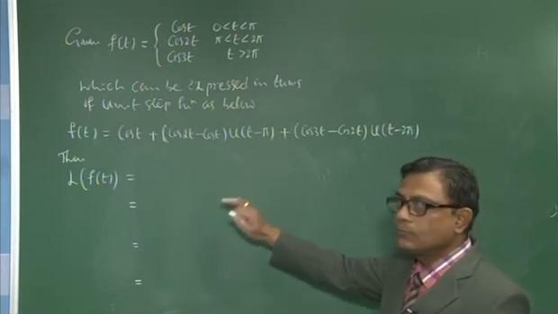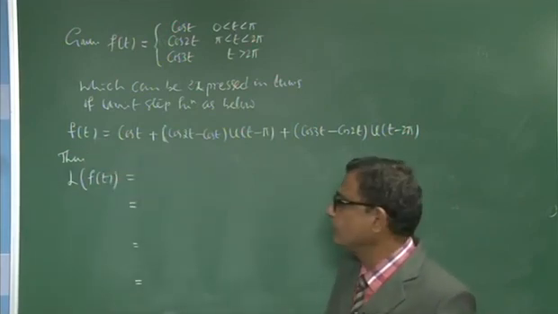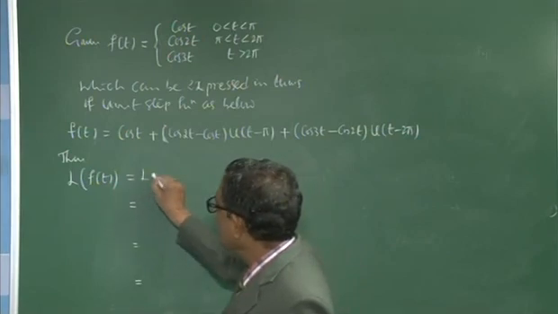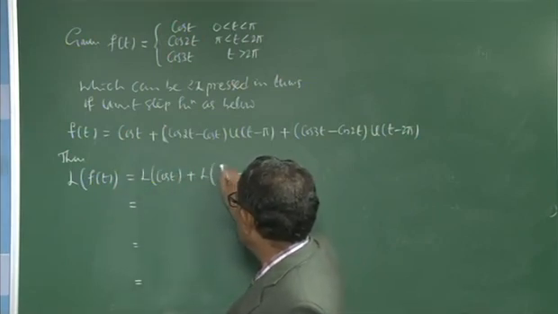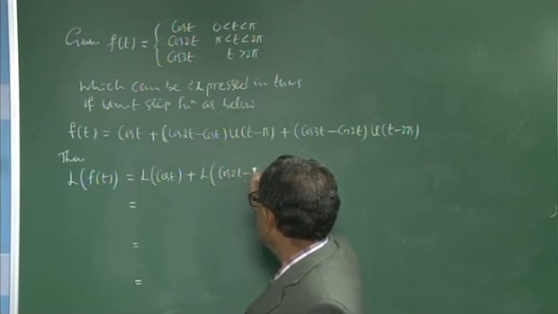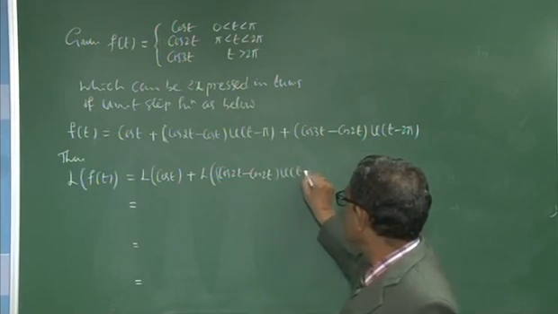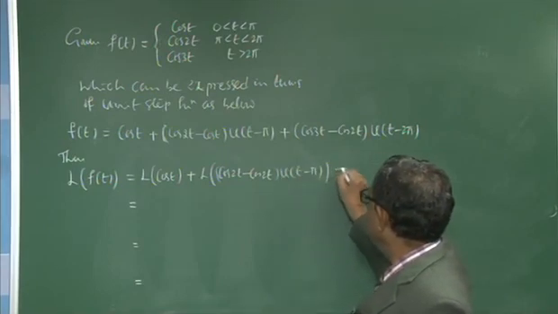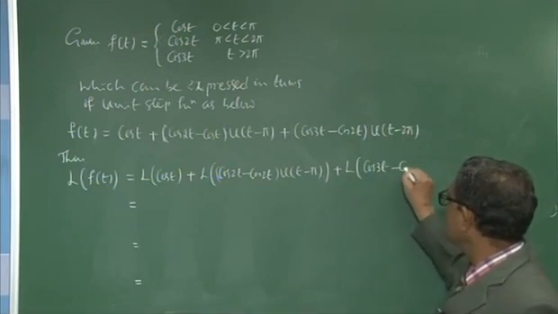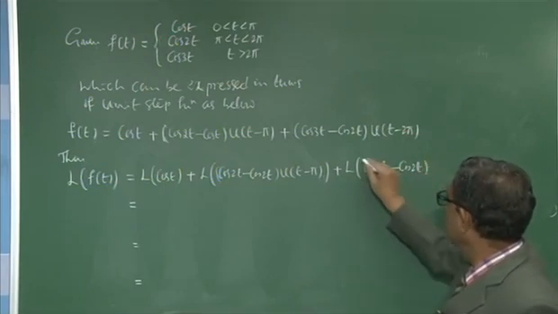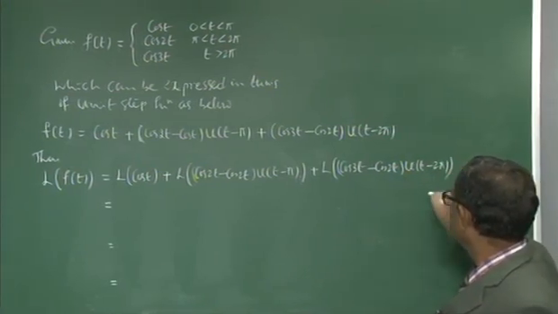Now the second part, you have to find its Laplace transform, L of f of t. This is L of cos t plus L of cos 2t minus cos t into u of t minus pi, plus third term L of cos 3t minus cos 2t into u of t minus 2 pi.